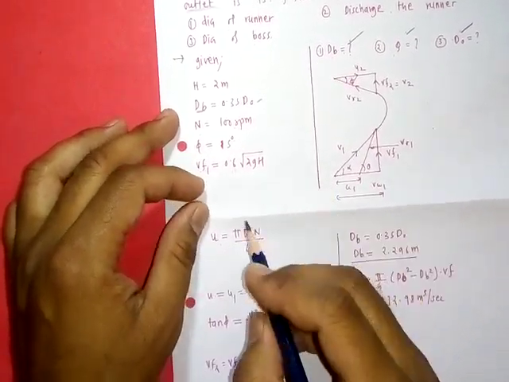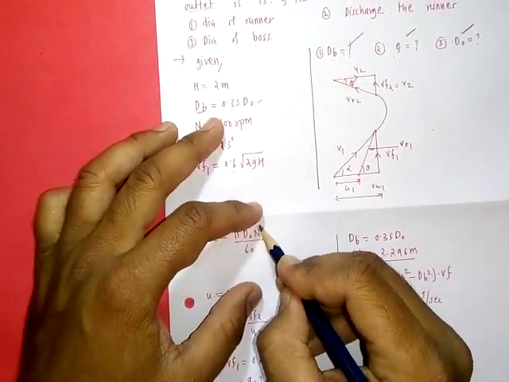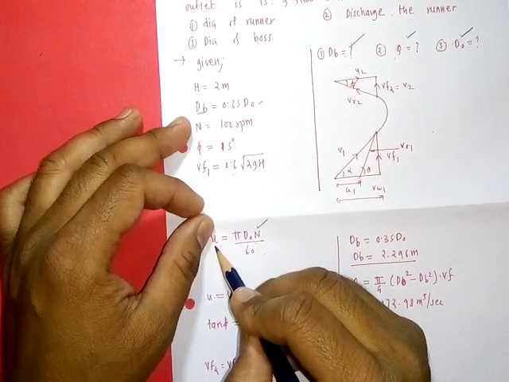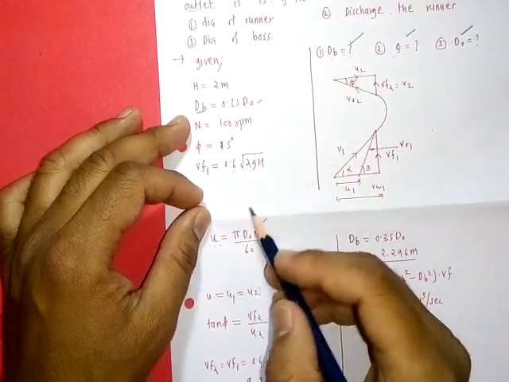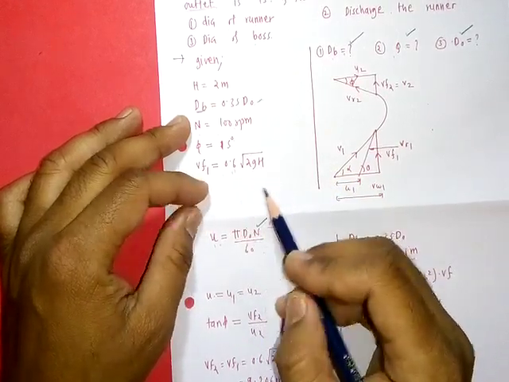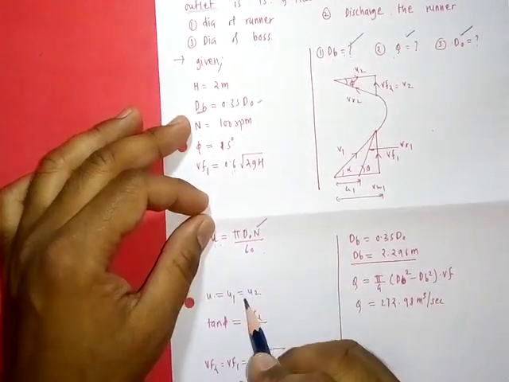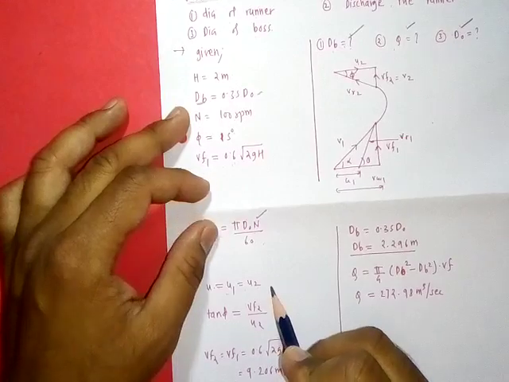To calculate the outer diameter, they have given n, so we have to first calculate u. And for u they haven't given the diameter or any speed ratio. So for u we know that u is equal to u1 plus u2 for a Kaplan turbine.